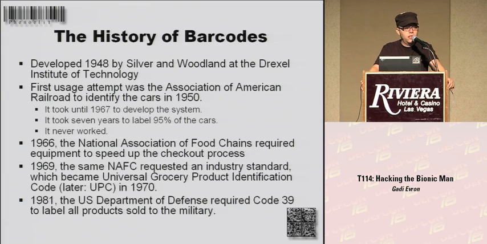So in 69, the same requested an industry standard, which later became the UPC code that you all have on your grocery products and stuff here in the States. And since 81, the US Department of Defense required a Code 39 barcode on all products that are sold to the military. And you will see why that is a bad idea.